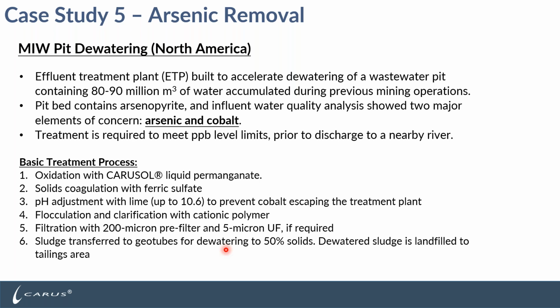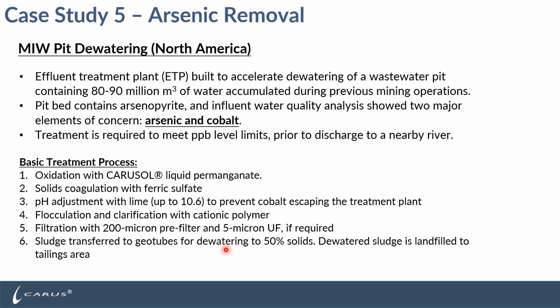Firstly, oxidation with Carus liquid permanganate, with the permanganate visually, solids coagulation with ferric sulfate, pH adjustment with lime up to 10.6 units. This is mainly to prevent the cobalt escaping the plant.